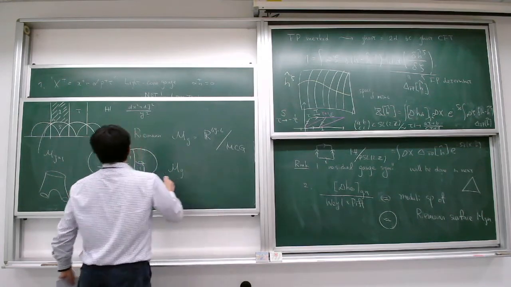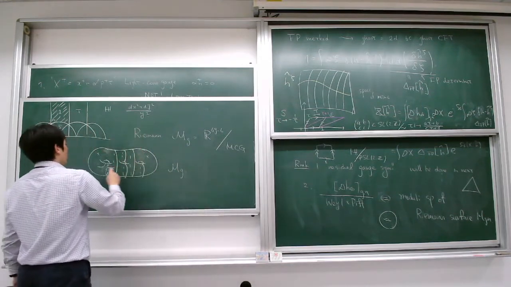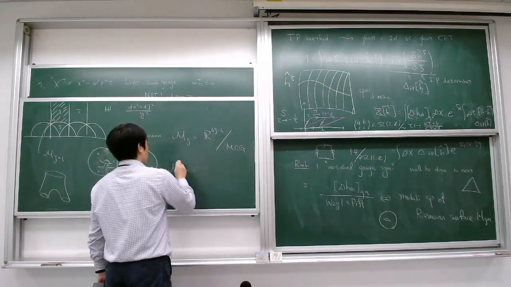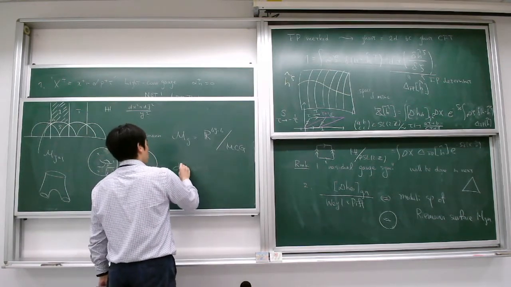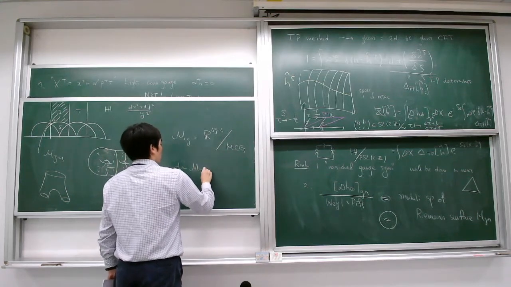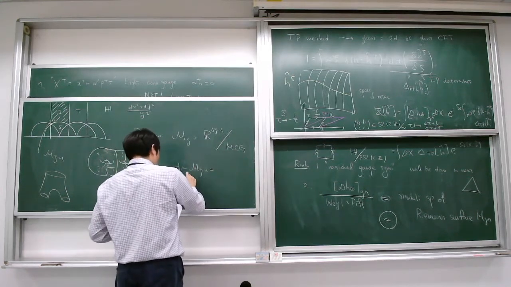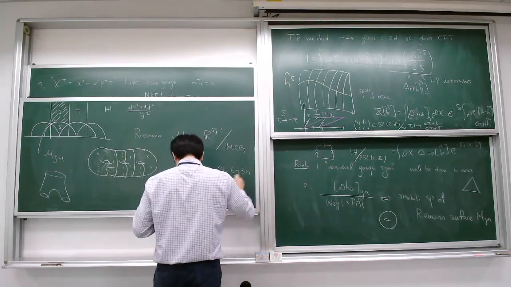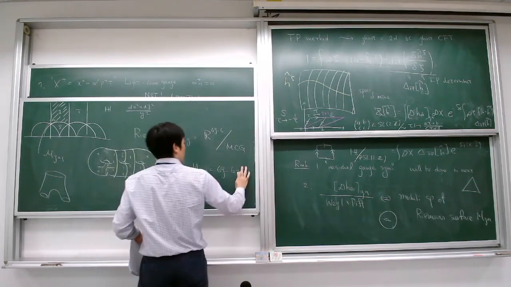You can include punctures, n punctures and genus g. So the dimension of this moduli space of Riemann surfaces is equal to 6g minus 6 plus, oh sorry, 2n.